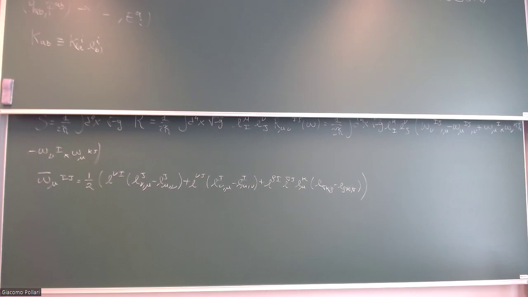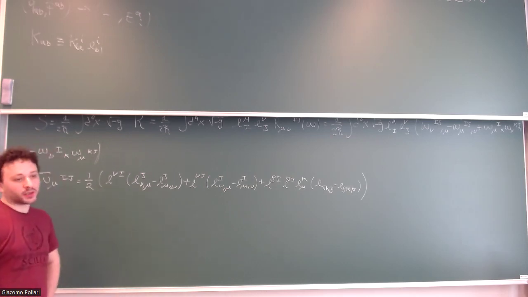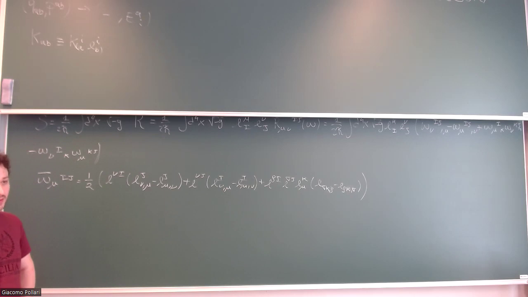Yes. So it's purely metric, but I wouldn't call it Levi-Civita, because Levi-Civita usually you get from imposing compatibility with the metric. And the spin connection is compatible with the metric. Yes, but the Levi-Civita has to be torsionless.